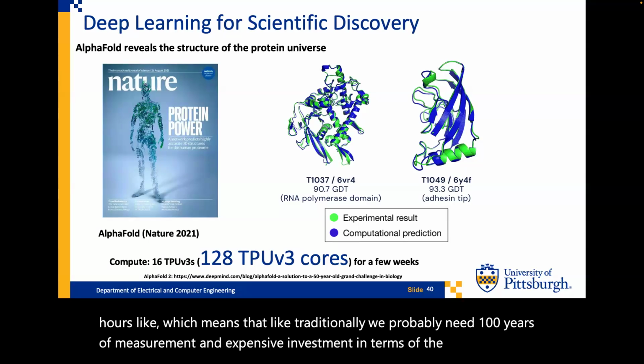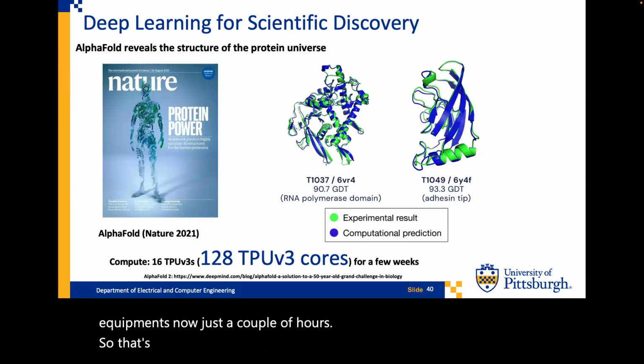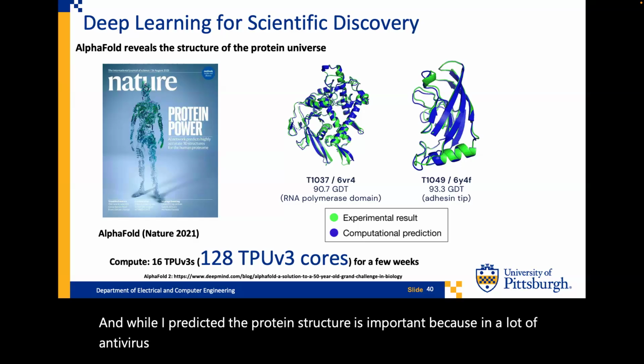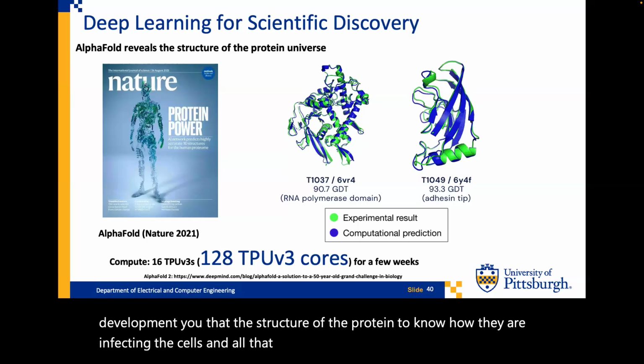Now it's just a couple of hours. That's why it's significant. And predicting the protein structure is important because in a lot of antiviral and pharmaceutical development, you need to know the structure of the protein to know how it infects the cells. That's why this is so important.